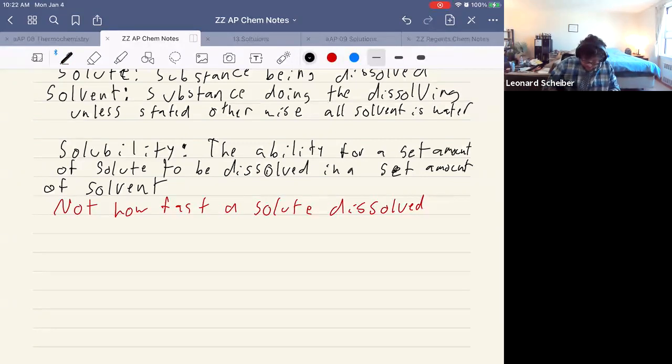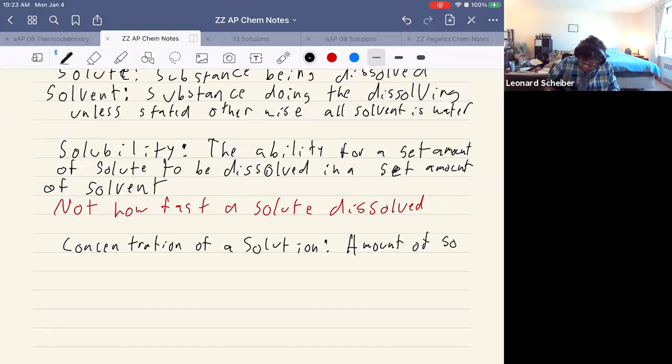And when we talk about amount of solute per amount of solvent, that's what we call the concentration. So the concentration of a solution is the amount of solute per amount of solvent.